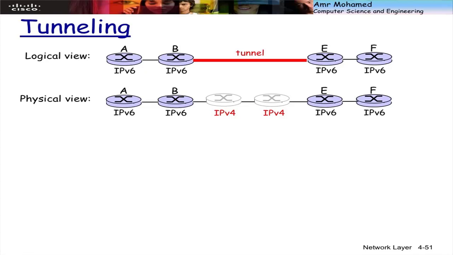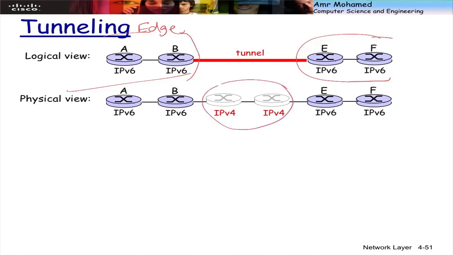Because all the other networks or the other service providers are dependent on the core, right? So the more typical scenario is that we deploy IP version 6 at the edge. Okay? So you may have IPv6 at the edge because the edge has nothing dependent on it. Clear? So it's easy to deploy IPv6 locally inside the edge. Okay? So here you have an edge that's IPv6, and here you have an edge that's IPv6. But the core network is still IPv4.